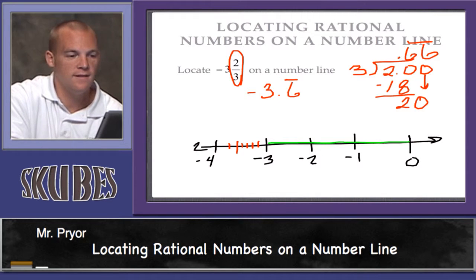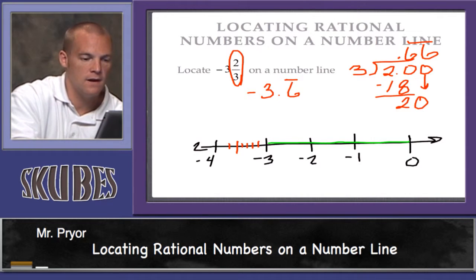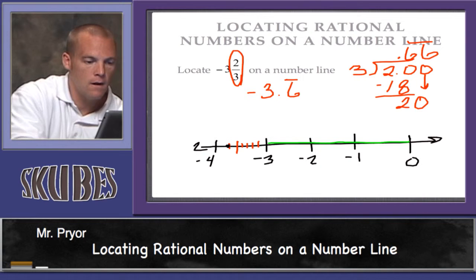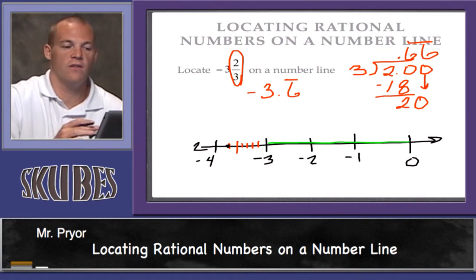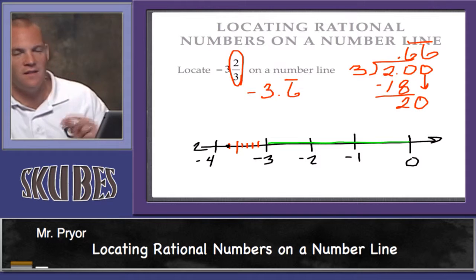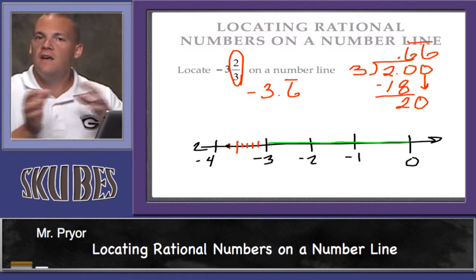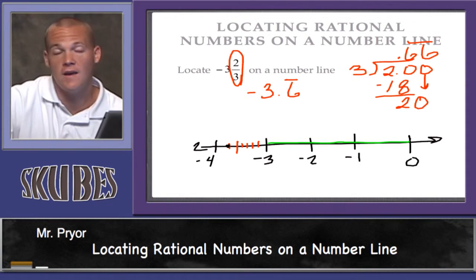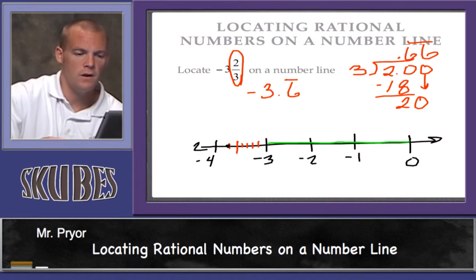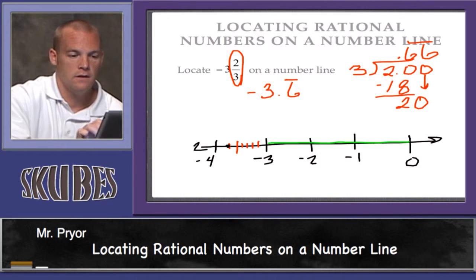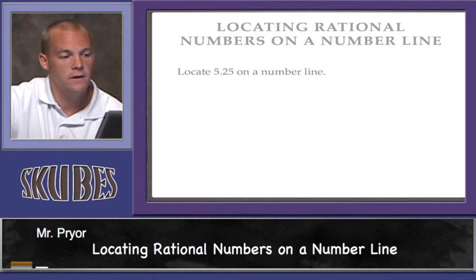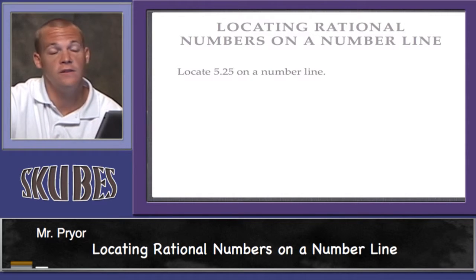So -3.6 is going to fall approximately right there on that portion of the number line. Maybe a little to the left of it. You'll notice I did it just a bit to the left because -3.6 repeating is a little smaller in this case, a little smaller.